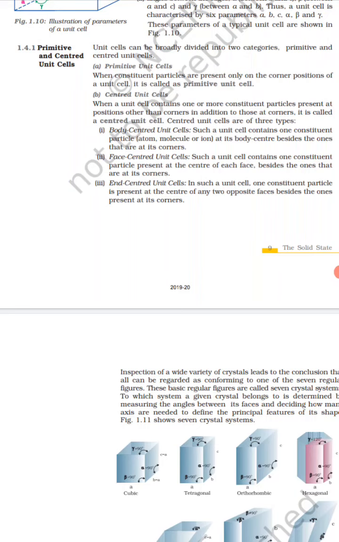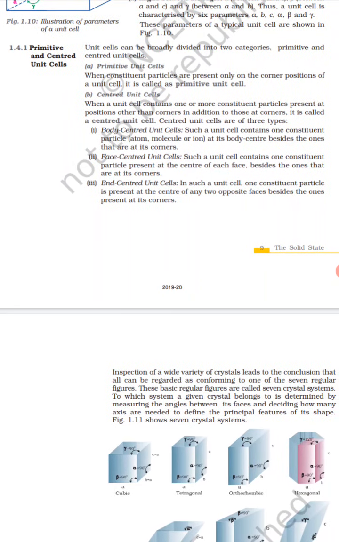Types of unit cells. There are two types of unit cells: primitive and centered unit cell. First type, primitive unit cells.